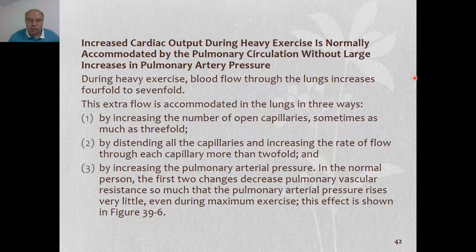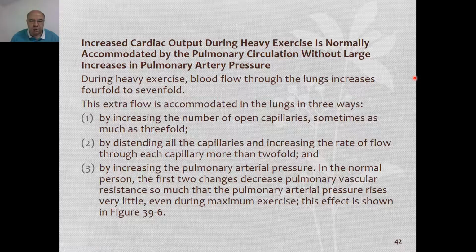Increased cardiac output during heavy exercise is normally accommodated by the pulmonary circulation without large increases in pulmonary arterial pressure. During heavy exercise, blood flow through the lungs increases 4 times to 7 times.